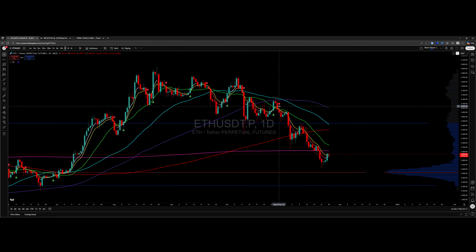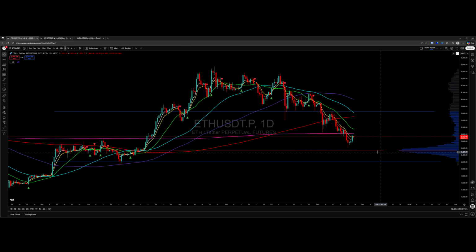Now, what we could see on the daily is you've got your move down and a little bit of these retracements. This could be one of those retracements that fails, rolls over, takes out the previous wave's low, but is going to be drawn to that point of control. It's going to be drawn to all of this past price.